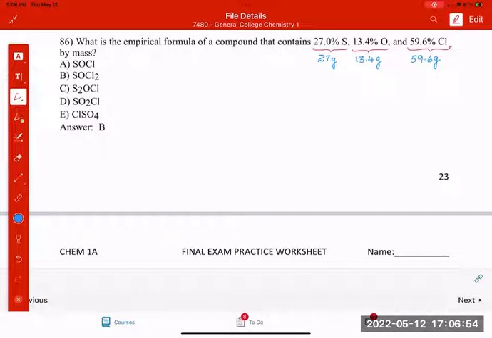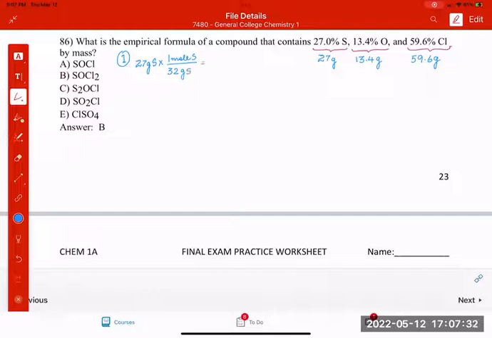Okay, anyway, let's do this. So you're given the grams. Grams of sulfur, what is the first thing you're going to do? Moles, yeah. So 27 grams of sulfur, convert that to moles. One mole of sulfur is how much? Very good, 32 grams.